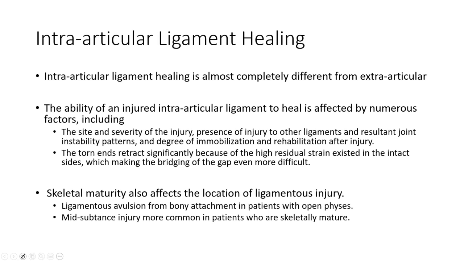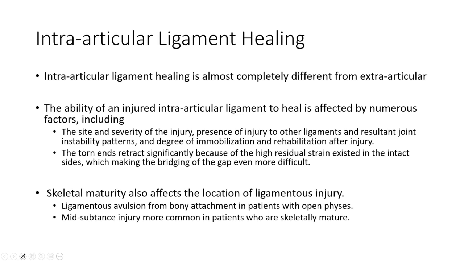And the other thing to think about is that the ACL is a classic example. If we've got a rupture, the ends separate, and that makes it really hard for them to tack back down. Now, in kids, you might see an avulsion injury, which is a little bit different. Anyone with open physes could possibly heal if it tacks back down.